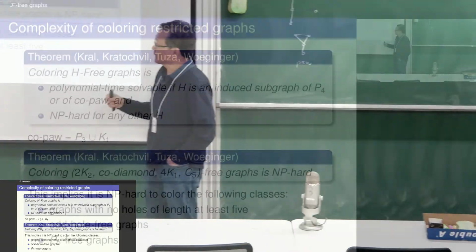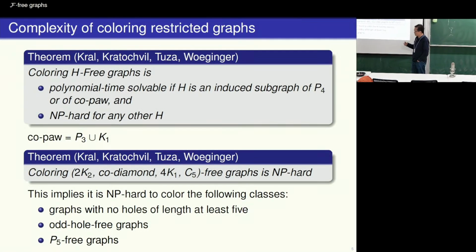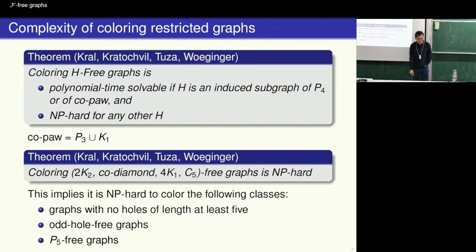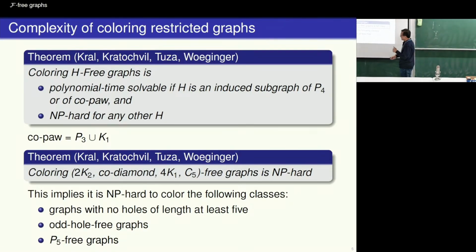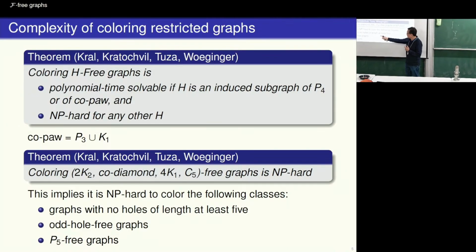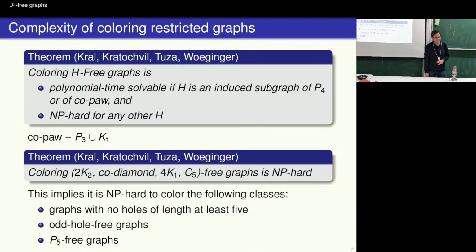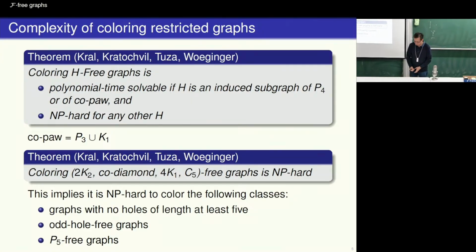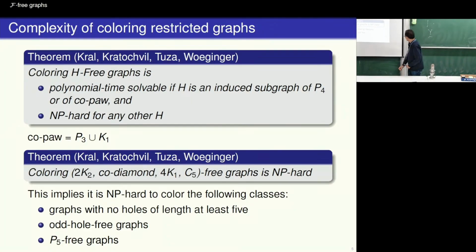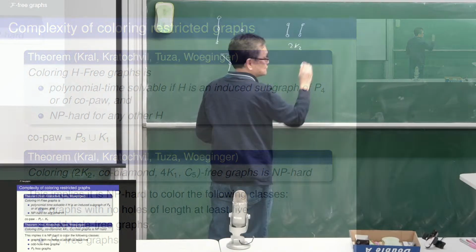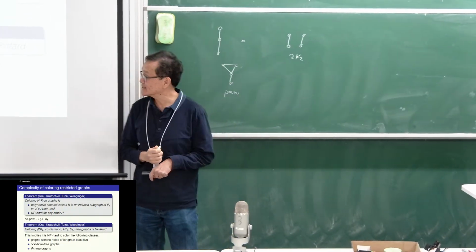And actually, that theorem is even more powerful. What the proof shows is that even if you forbid 2K2, codiamond, 4K1 and C5, the coloring problem is still NP hard. A 2K2 is just two independent edges.